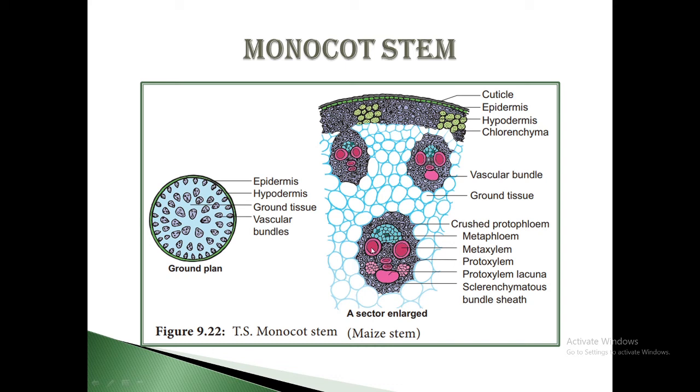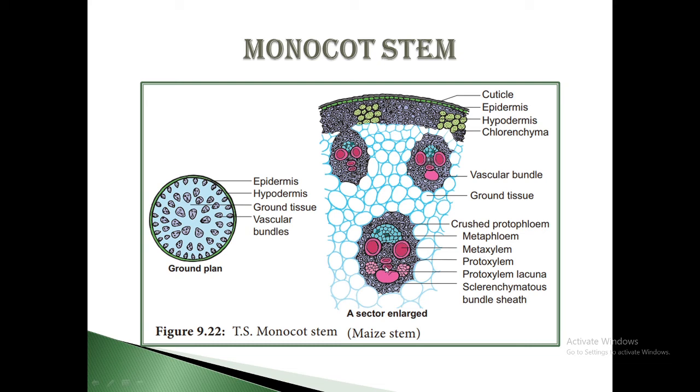Usually the xylem is Y-shaped in Zea mays and Asparagus. The bigger vessels are the metaxylem and the smaller vessels are the protoxylem. If we combine these bigger and smaller vessels, they look like a Y-shaped structure of xylem.